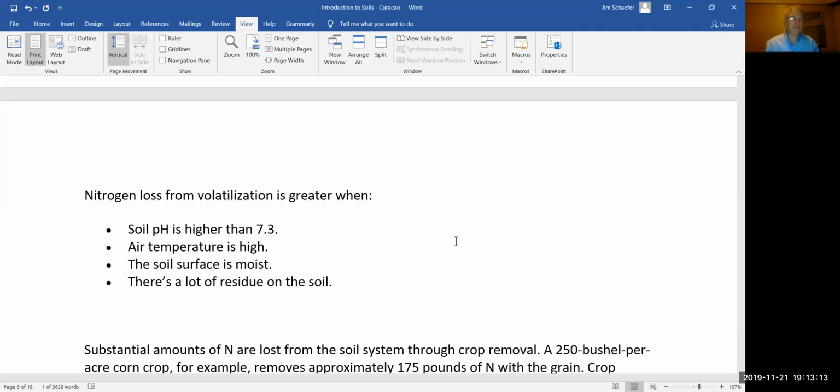You're going to consume your fresh water in agriculture. How you do that is a really important part of your soil management system.